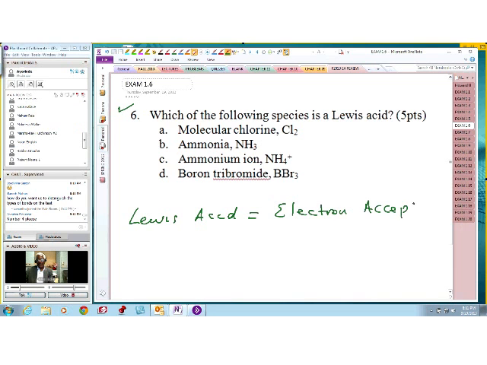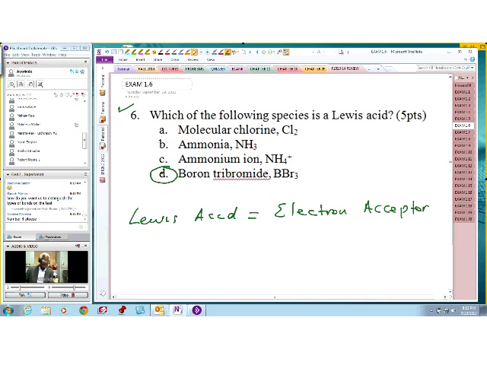Now, any species that accepts electrons will be considered a Lewis acid. So what would be the answer to that? Number 4, or D. Very good. Okay, so the answer is this.